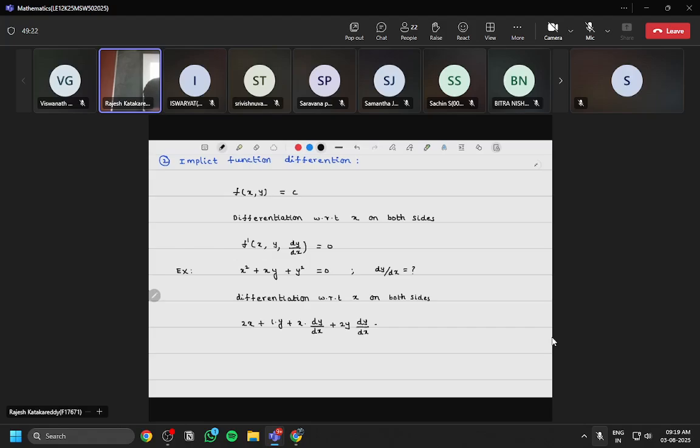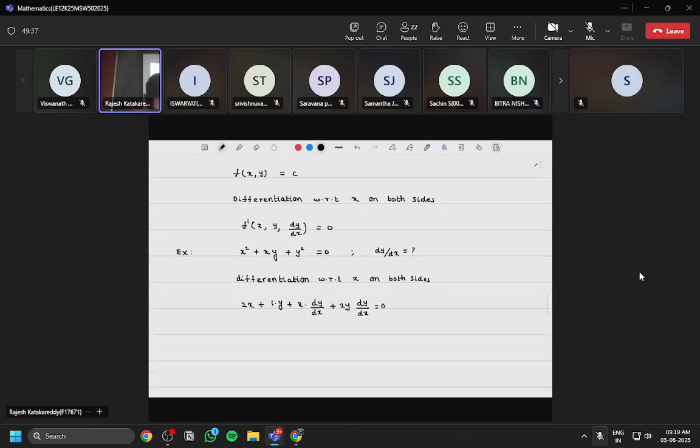So the second line I wrote, f dash of x comma y comma dy by dx, is this one. Now what we need to do is separate dy by dx and the remaining function so that I have the derivative of it. Everything except the dy by dx terms we send to the right hand side.